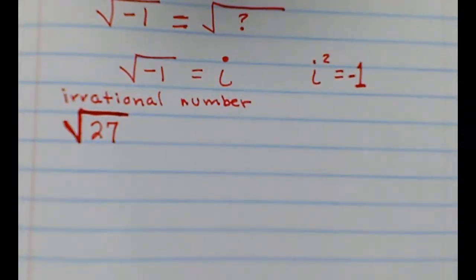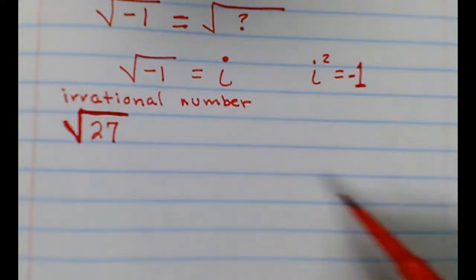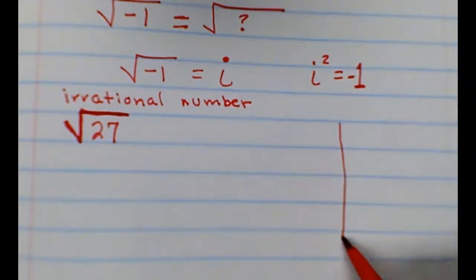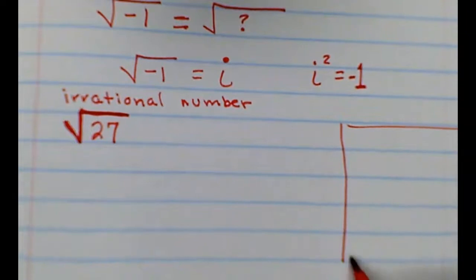Now there are several processes that you can use, and I started teaching it this way several years ago, and my students have been much more successful this way than any other way that I've taught, because almost everybody can divide by 2 or 3. So you're going to go over to the side of your paper, and this is going to be my little scratch section, and I'm going to write the 27 down at the bottom.